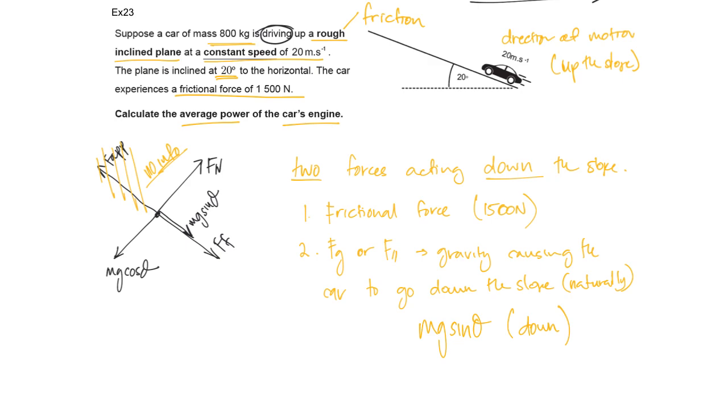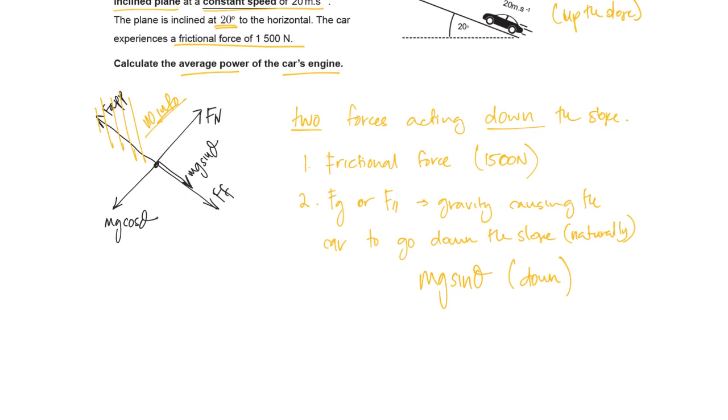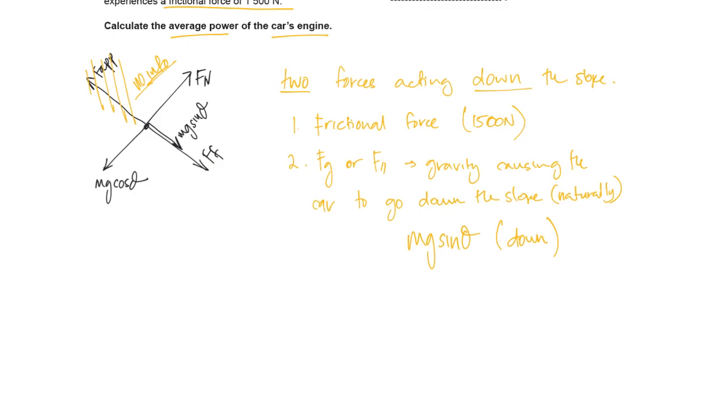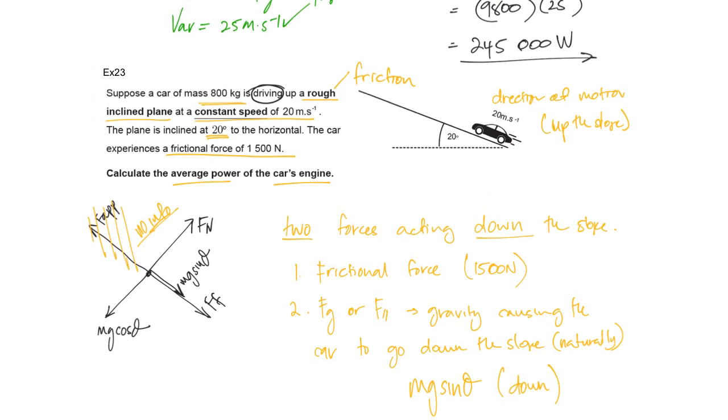down the slope. Now, if I know the downward forces, I know the forces up the slope must equal the forces down the slope. That can help me with my calculations. If I know that the car is driven at a constant speed, this is important.